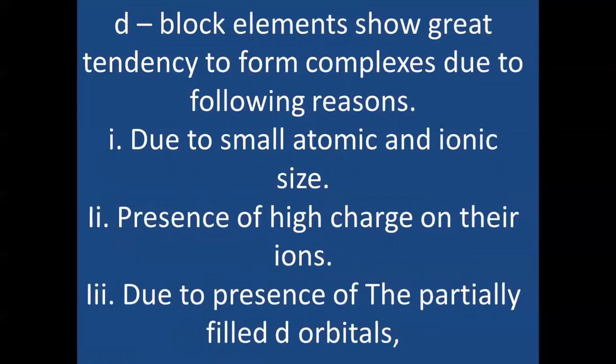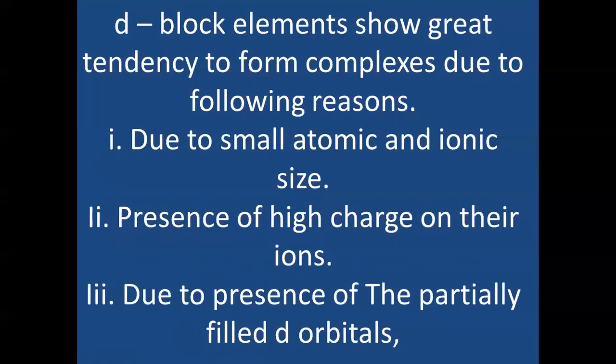Their last electrons, or the incoming electrons, enter into the penultimate shell. As a result, these electrons are attracted towards the nucleus with greater force, and therefore they have small size. Second reason for forming the complexes is the presence of high charge on their ions.